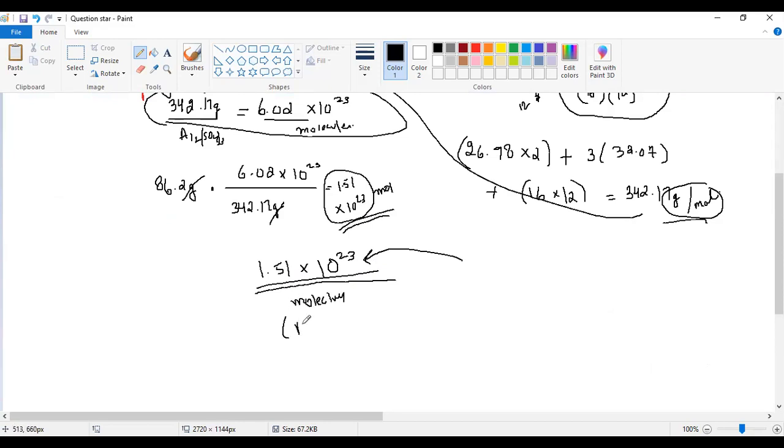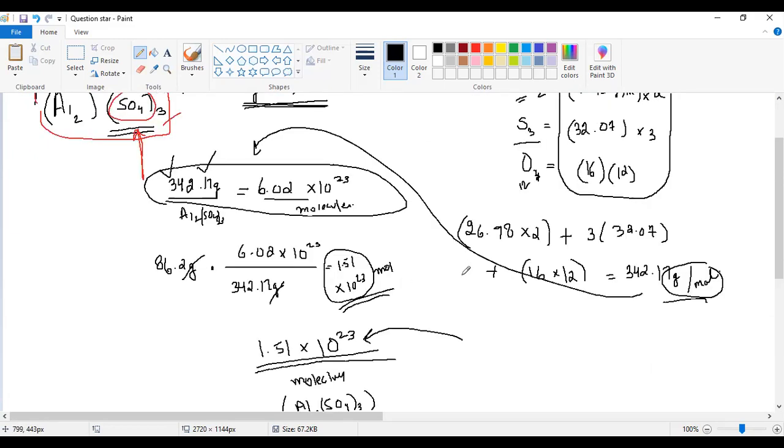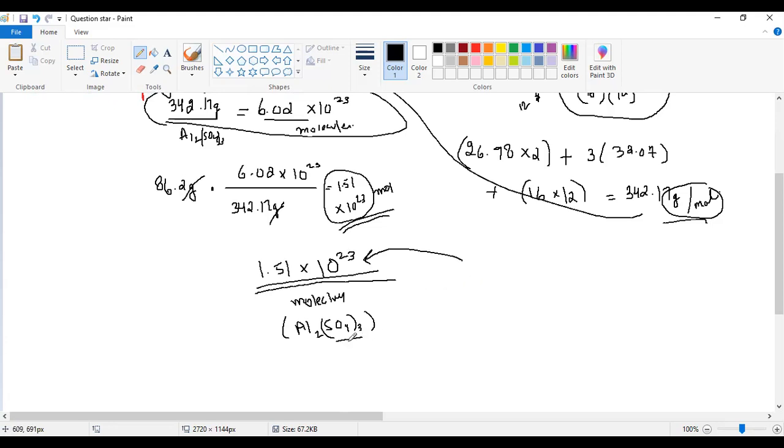So this here is Al2SO4, right? But what you're asking yourself is how many sulfate ions? In other words, in these many molecules, how many SO4s do you have?